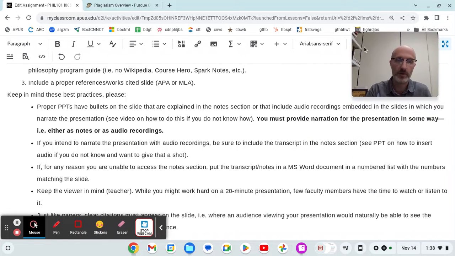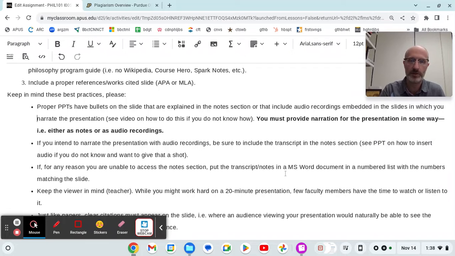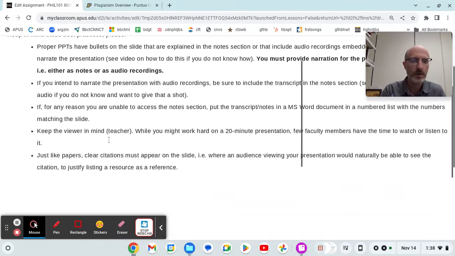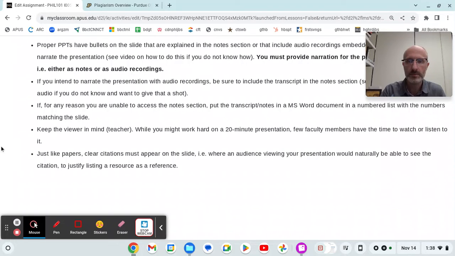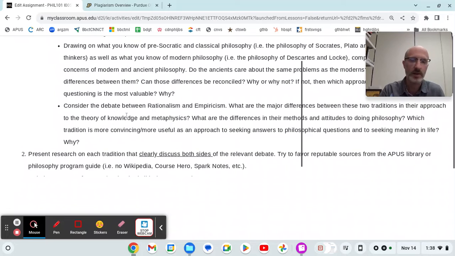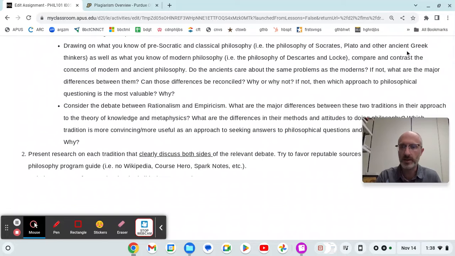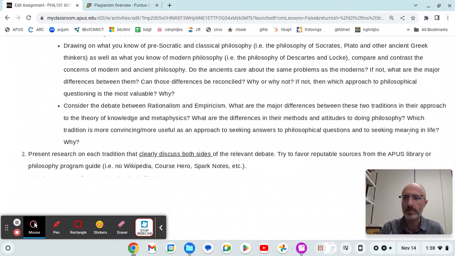Okay, if you have trouble with the notes section, you can put your transcript in a Word document. Okay, clear in-text citations on the slide, not just in a works cited section or references section at the end. Okay, those are the instructions and some tips.